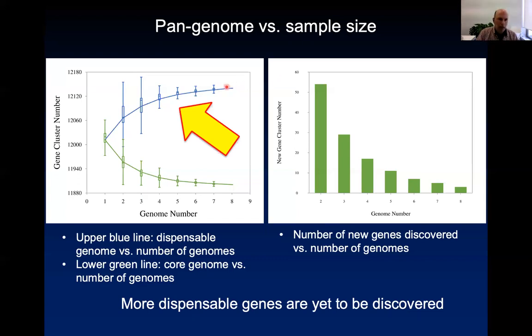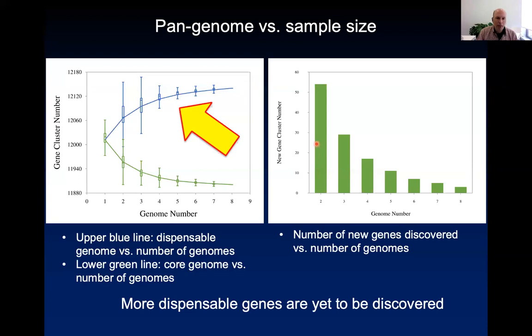And if it does level off, that means we've sequenced enough isolates to identify all of the genes that are present in Colletotrichum graminicola isolates. In contrast, if it continues to increase, then we have what is referred to as an open pan-genome. And that means that basically every isolate of Colletotrichum graminicola possibly has its own unique set of genes in it.